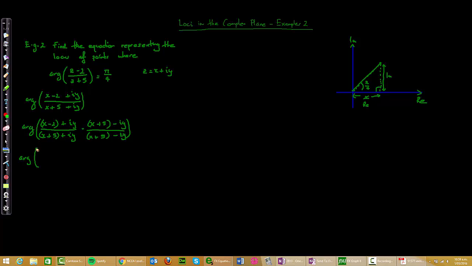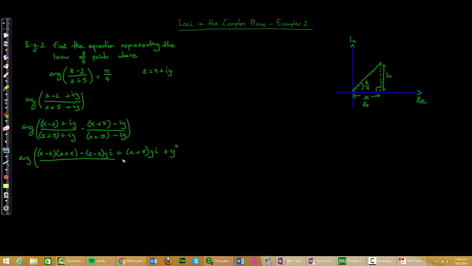So we're going to end up with x minus 2 times x plus 5, minus x minus 2y, plus x plus 5 times yi, and iy times iy would be i squared y squared, but i squared is equal to negative 1, so that turns out to be positive y squared.